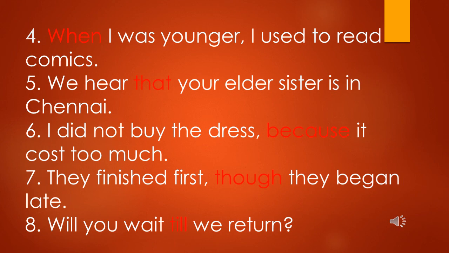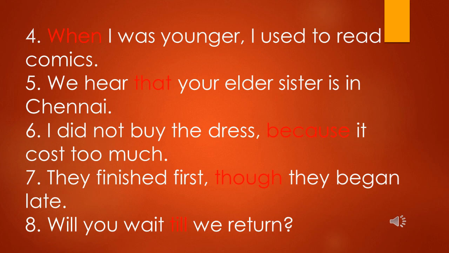Next, sentence number 5. We hear that your elder sister is in Chennai. So here that is the conjunction word. Sentence number 6. I did not buy the dress because it cost too much. Here the conjunction is because. Sentence number 7. They finished first though they began late.